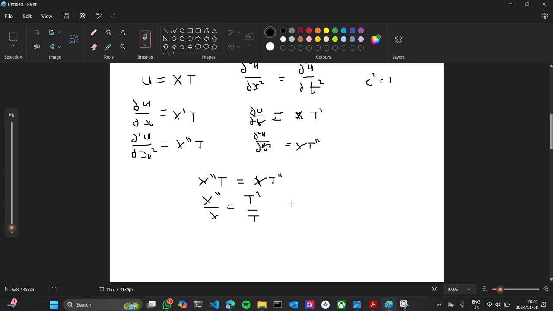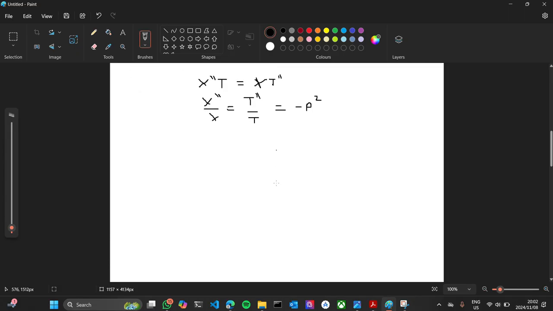Okay, now this is another thing that you have to memorize, is that these ratios give you an equivalent constant value. That constant value we just represent as minus p squared. It just helps with solving these particular differential equations.